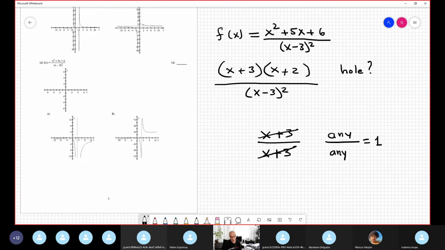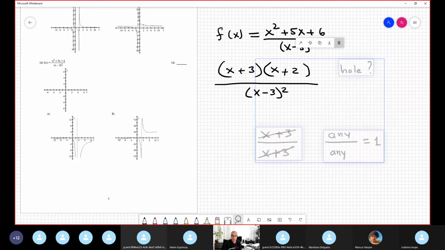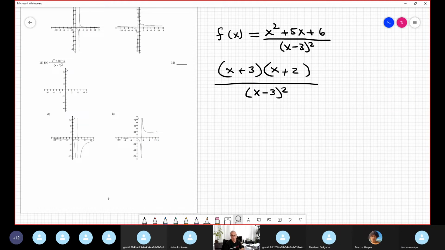They are twin brothers, but in this case, no. This is x plus 3 and x minus 3. So the conclusion, we have no hole. It's obvious, right? Yes or no? Yes. Okay, you eliminate the same factor. If it is a different sign, then no, it's a family, look alike, but it's not a twin brother. So no hole.